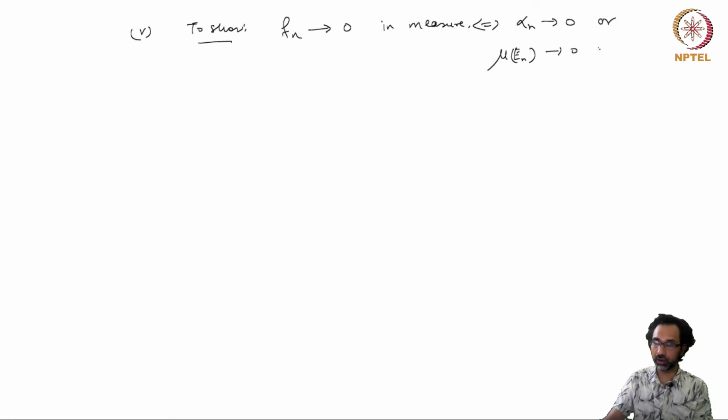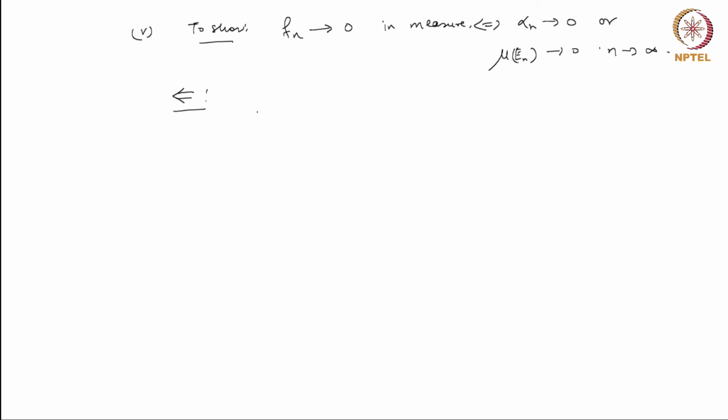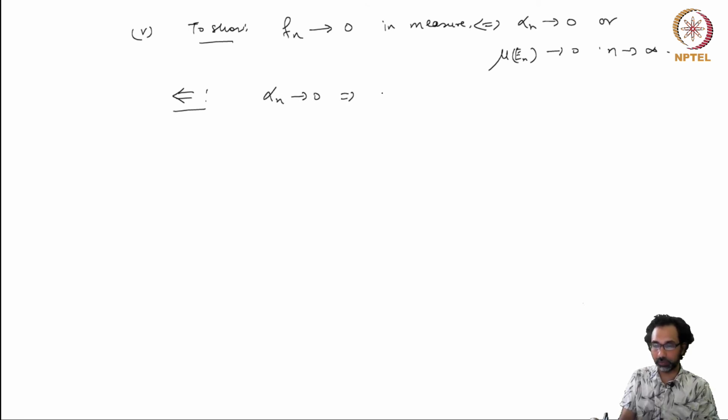So either the height goes to 0 or the width goes to 0 as n goes to infinity. Let me start with the reverse implication. Now note that alpha n goes to 0 implies Fn goes to 0 uniformly, or even almost uniformly, as we have seen, and this implies Fn goes to 0 in measure.